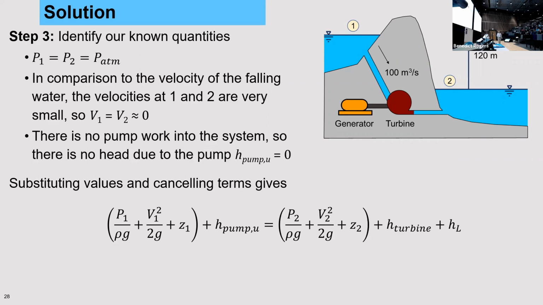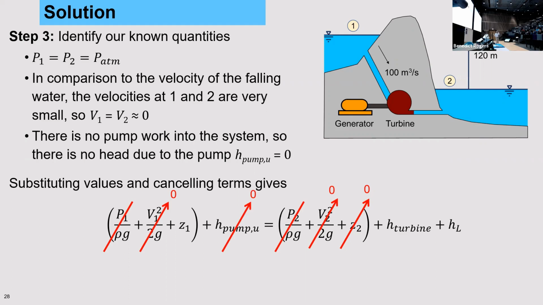Z2 is equal to 0. We set up our problem, so that was nice and convenient. P1 is equal to P2, so those terms cancel because we've got the same pressure either side. V1 and V2 are both equal to 0 because we can safely assume that those velocities are 0.